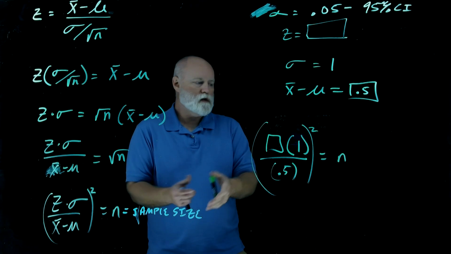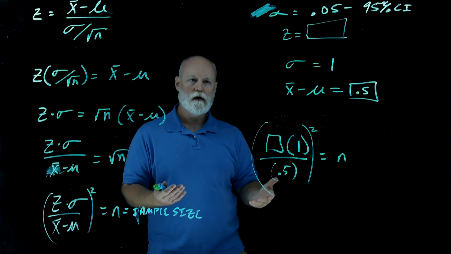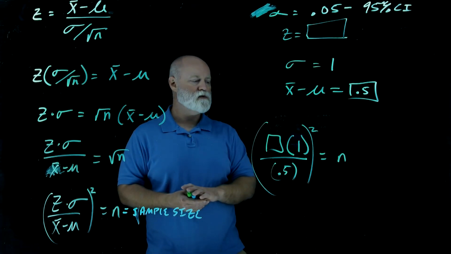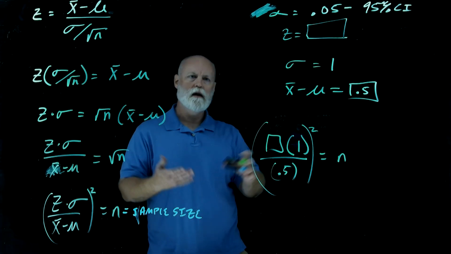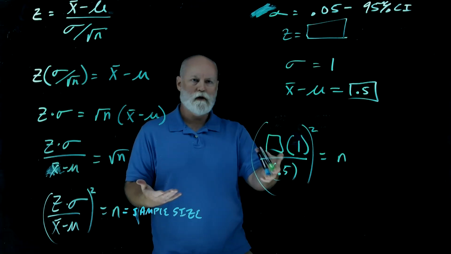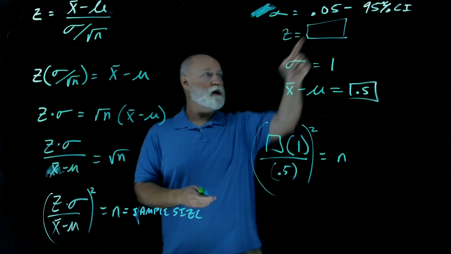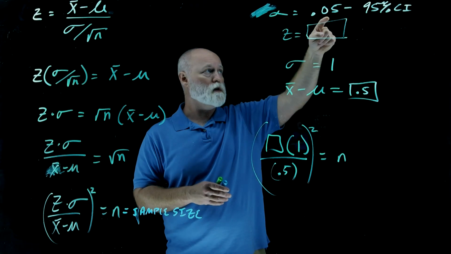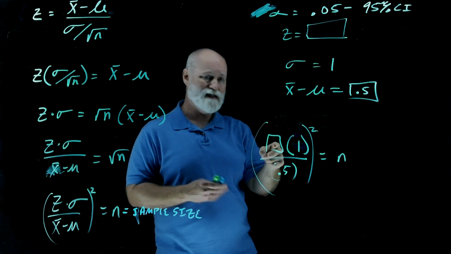So when you're doing a study of some sort and you want to determine how many samples you need to collect to be able to say that your margin of error is below a certain level, this is what you do. You find your z table, do a standard normal, find whatever this value is, and plug it in there.